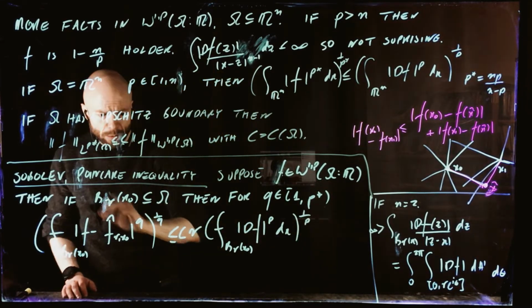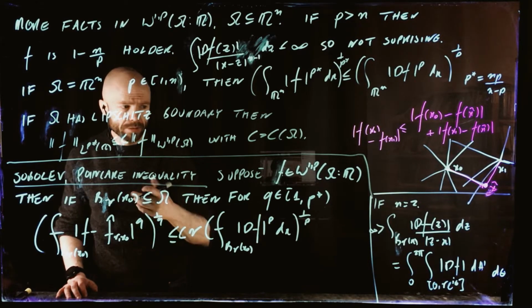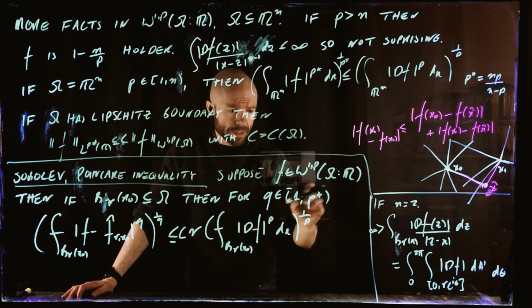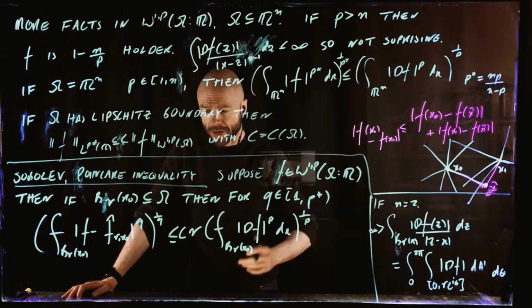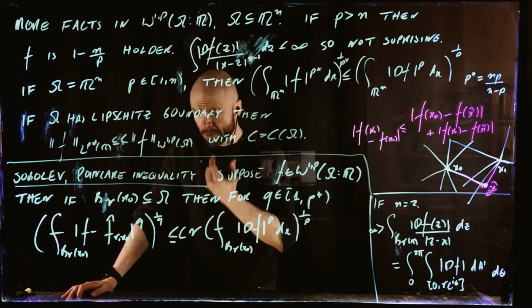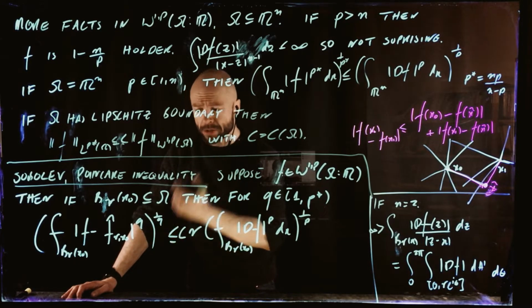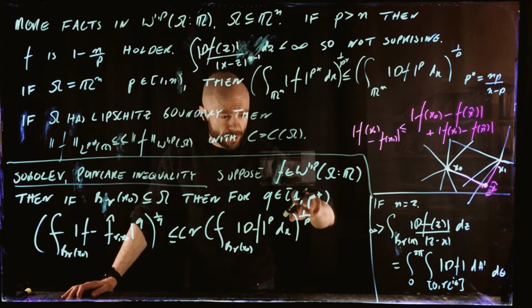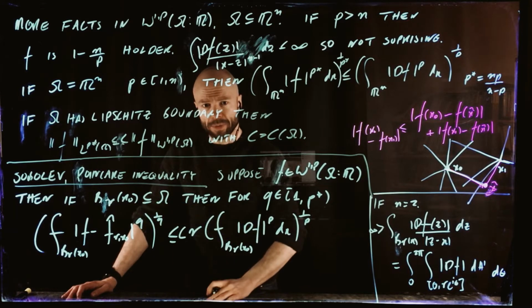So the classic Sobolev inequality, you would have p and p here. But it's also true that if we take some q which is less than the Sobolev exponent, then this is also a true fact. And this is a stronger statement because by just Hölder's inequality, if we have q which is between p and p star, then this thing controls the p norm.